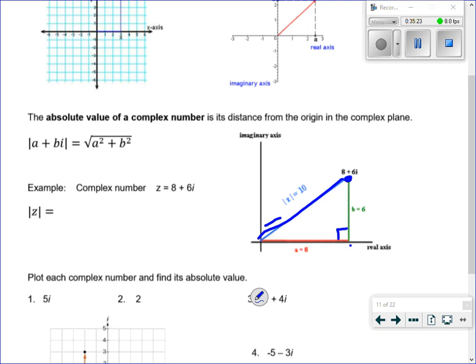So what did you use in geometry to find this, if I knew this was 6 and I knew this was 8? A squared plus B squared equals C squared. Yeah, good stuff. So to find the absolute value of that, or that distance from 0, you're just doing the Pythagorean theorem.